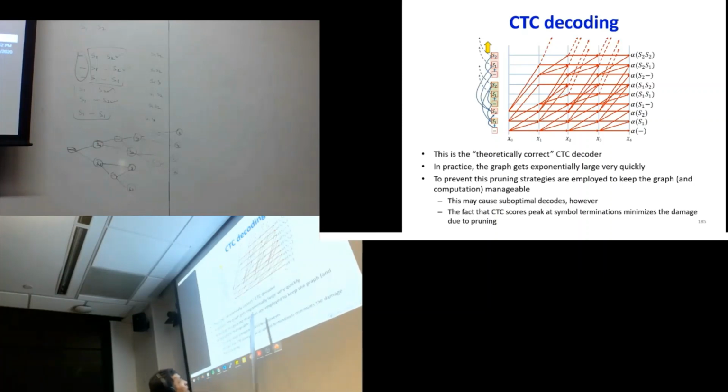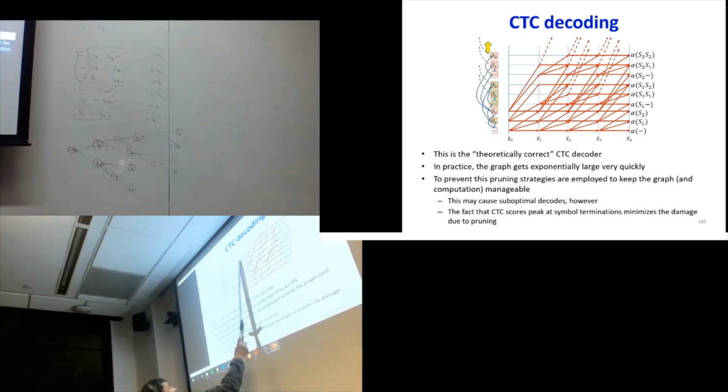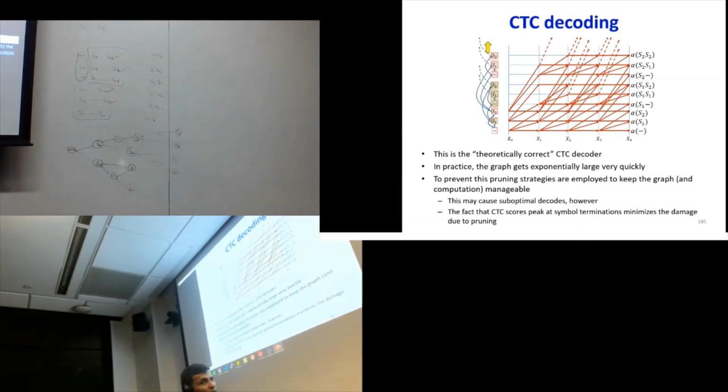What we will do is to start from here and begin performing the forward algorithm going forward. But at each time, you're going to have a certain number of nodes that have been computed. We will pick the most likely node, and then we will keep some k most likely nodes in the graph and delete the rest of them from the graph.